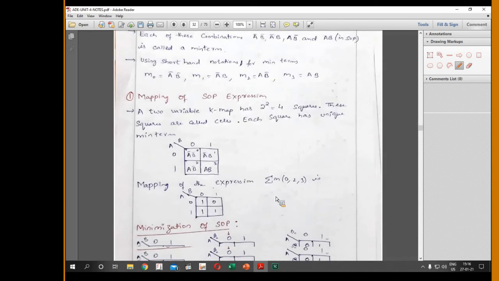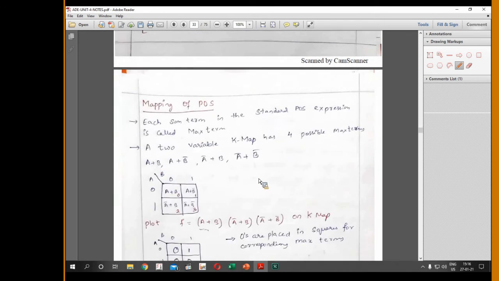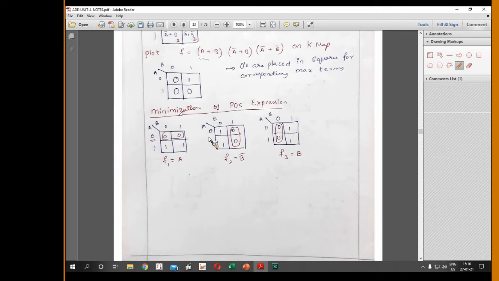In the two variable K-map, like this we will pair row wise or column wise. Here also we will pair column wise, so my F3 is equal to B. So that was mapping of your POS function, then minimization. Now we have mapped your function. After mapping, we have to check for the adjacency of the functional values of 0 if it is represented in standard POS.